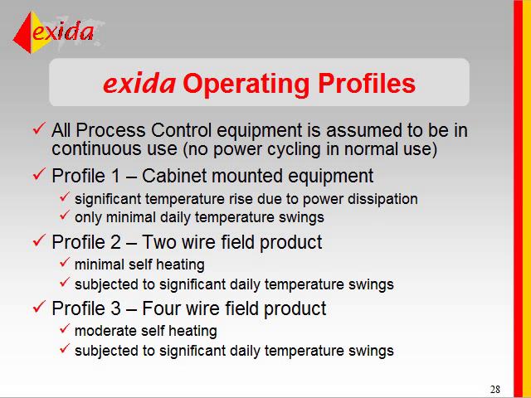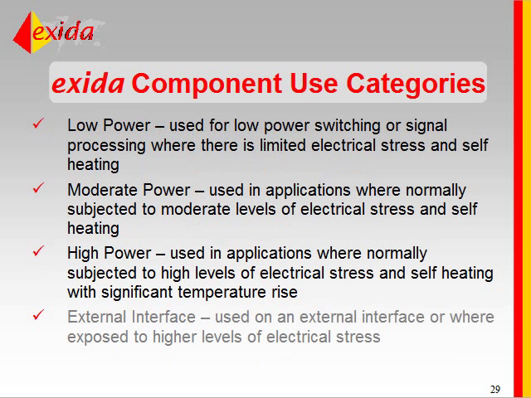There's a pile of international standards that have defined categories of usage for industrial control equipment. So this part was easy. We just used the profiles that were defined in the IEC standards, and for Exida we use cabinet-mounted equipment, 2-wire field products, and 4-wire field products. This gives us a complete set of environmental categories.